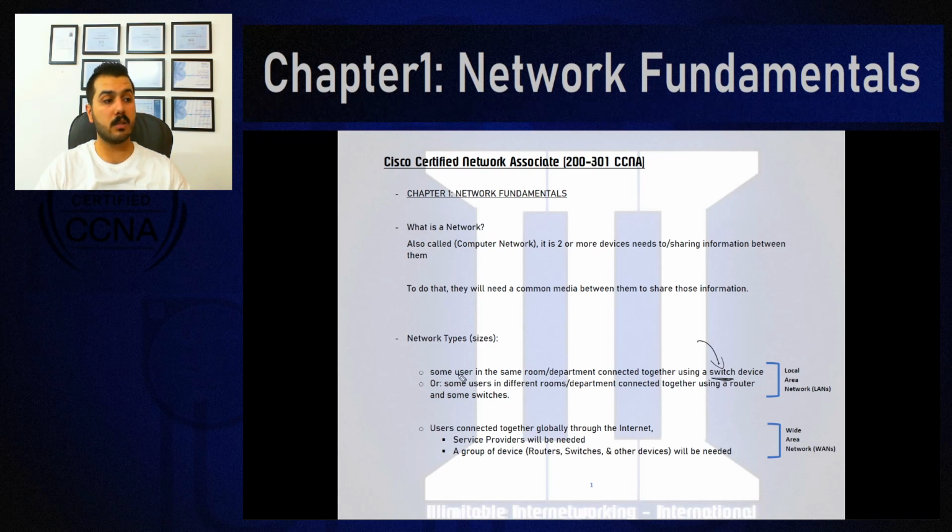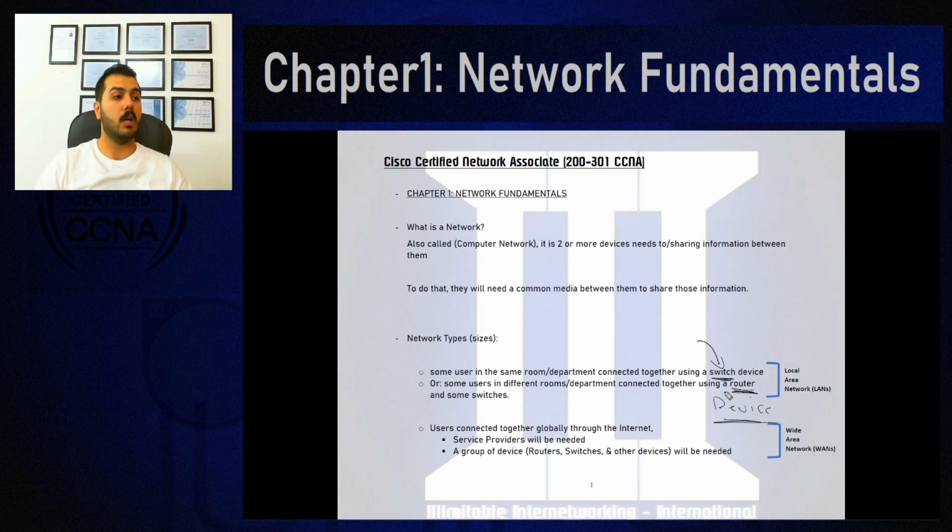Or some users in different rooms or departments connected together using a router and some switches. Now, this is another networking term, which is also a device, just like a switch, and we will talk briefly and in detail about switches and routers in the upcoming slides.